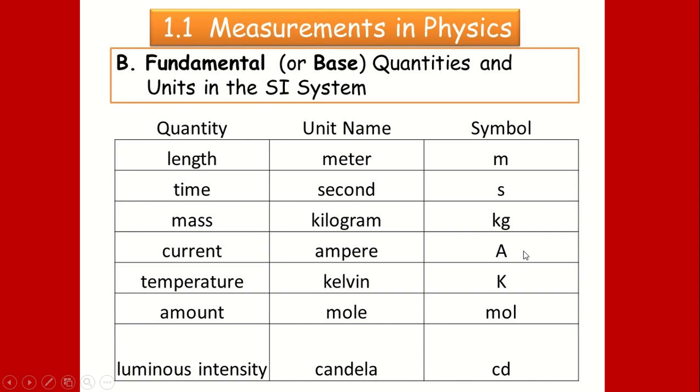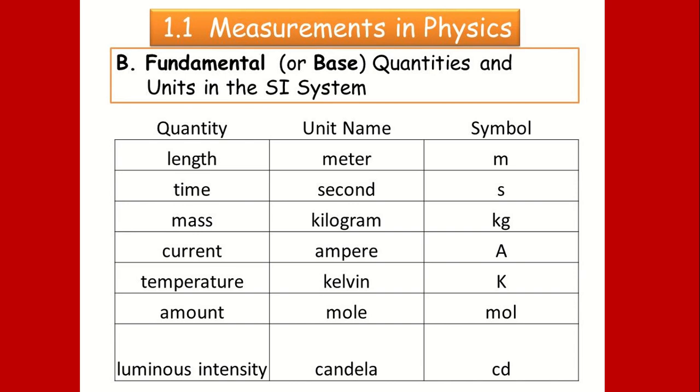Dear students, you have to remember one thing. Ampere, it comes from a scientist's name. That's why the symbol of this unit is capital A, not small a. When any unit comes from any scientist's name, then it must be expressed by the capital letter, not by the small letter.